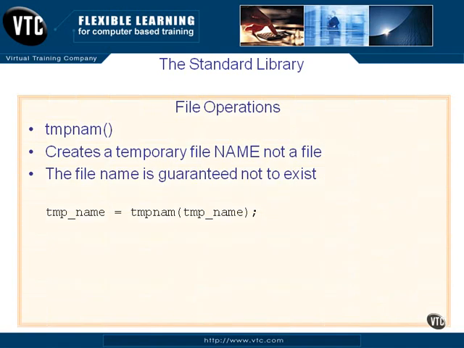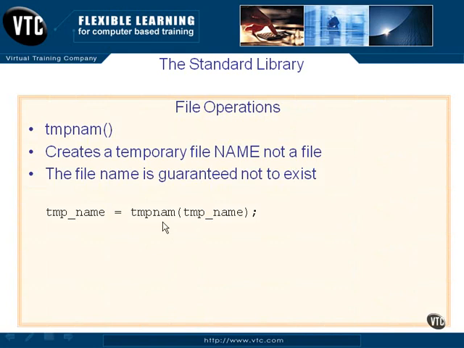Tmpnam creates a temporary file name. Notice the E is missing off the end. That's on purpose. It does not create the file. The file name, though, is guaranteed not to exist should you choose to create it, should you do an fopen on that particular file name.